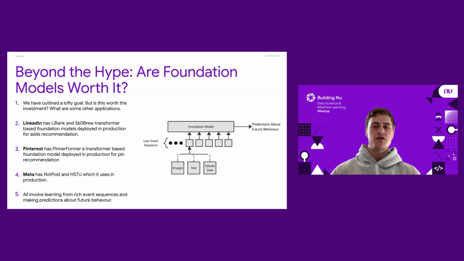If we look at the literature, there are a lot of places that use these models to solve problems that involve learning from sequences of events. For example, there's LinkedIn, there's Pinterest, there's Meta. In each of these cases, the company is trying to learn from a sequence of user interactions with particular objects. For Nubank, this is transactions. But for LinkedIn, this is interaction with ads.